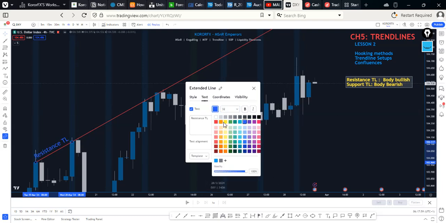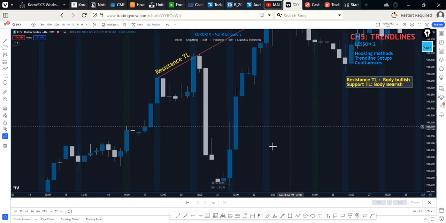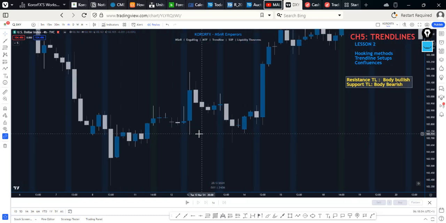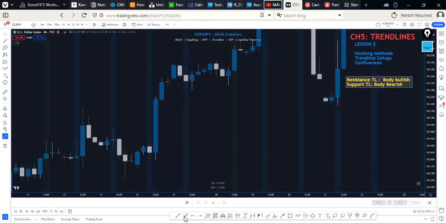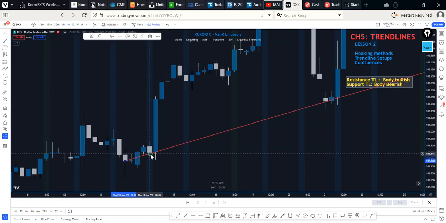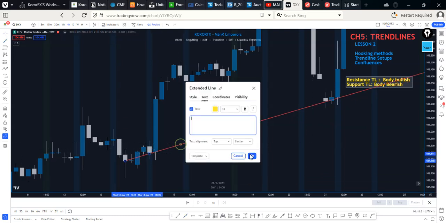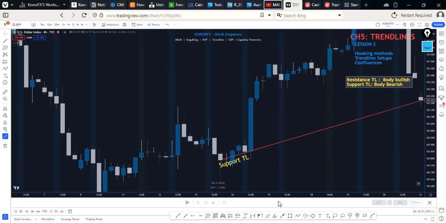When we focus on a bearish body, for instance this body close of the bearish and this body close of the bearish, these two are forming a support, because whenever it's a bearish body, we get a support TL, a support trend line. So that's exactly the hooking.